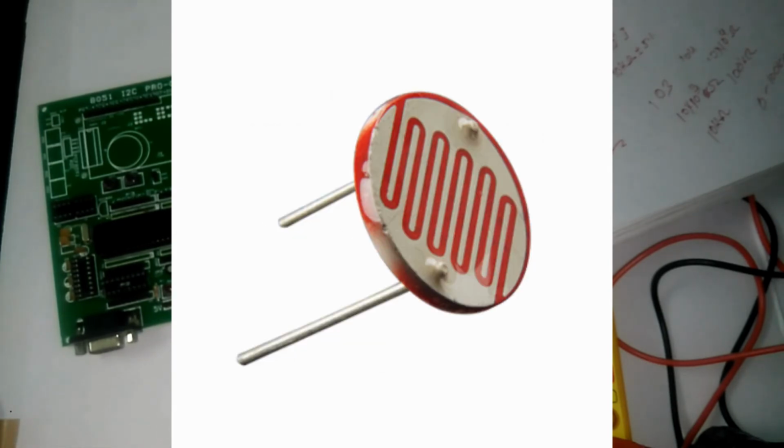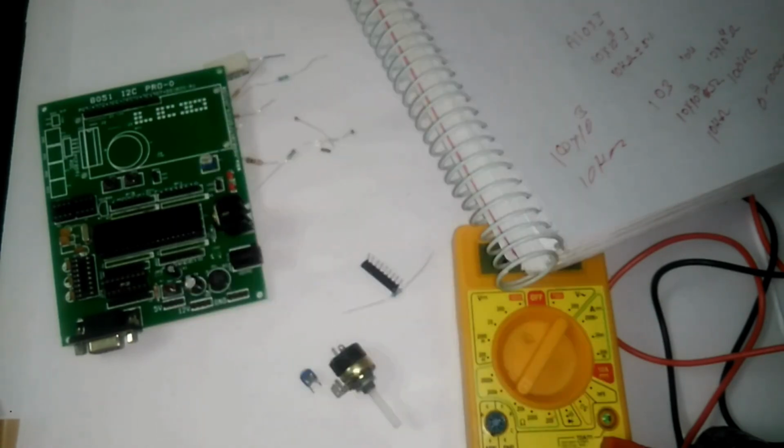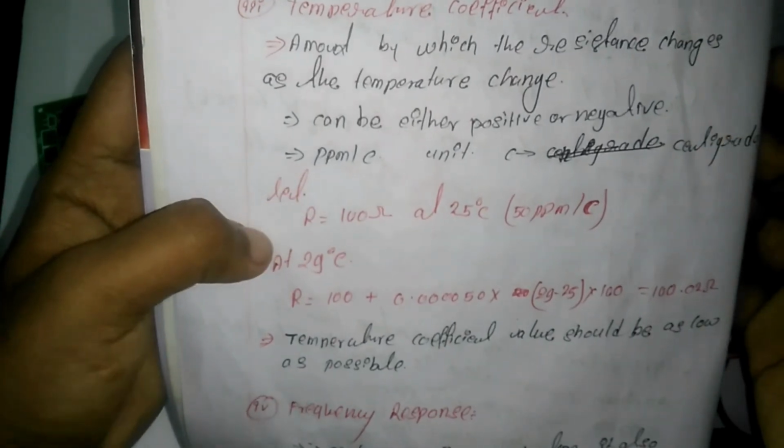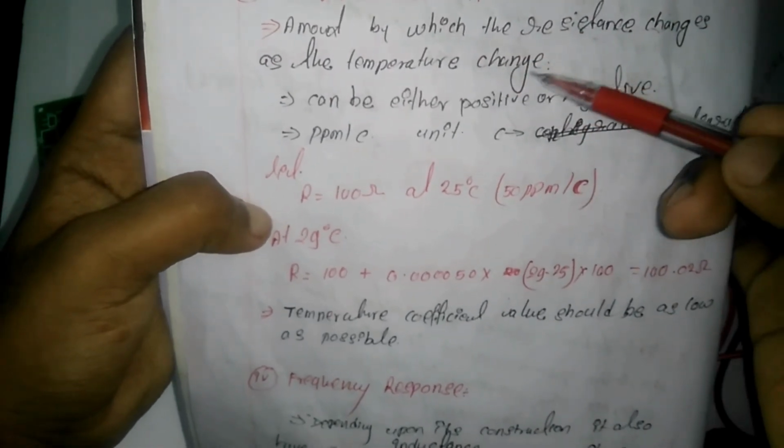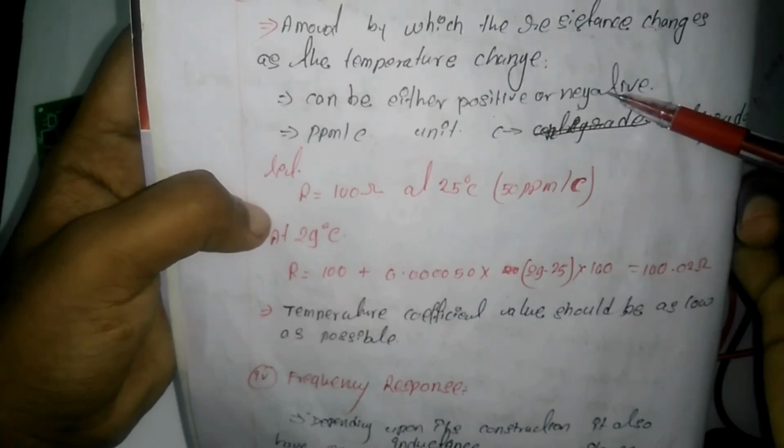If we talk about the characteristics of a resistor, we have power rating, tolerance, temperature coefficient, noise, frequency, and stability. Let's talk about the temperature coefficient. The amount by which the resistance changes as the temperature changes can be either positive or negative.